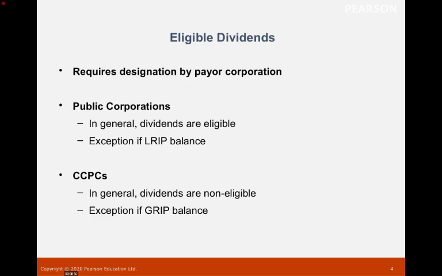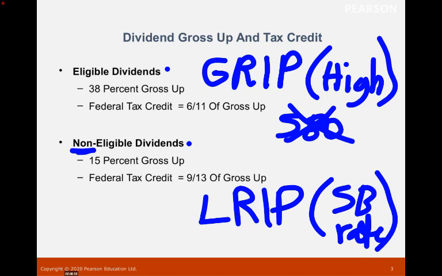We learned about this before, right? So the gross up is to show that the taxes that have already been paid come packaged with that income to the individual. And then the tax credit is to show we already paid some taxes, because we also don't want to have to pay the same tax twice. So we have to factor both of those parts in.